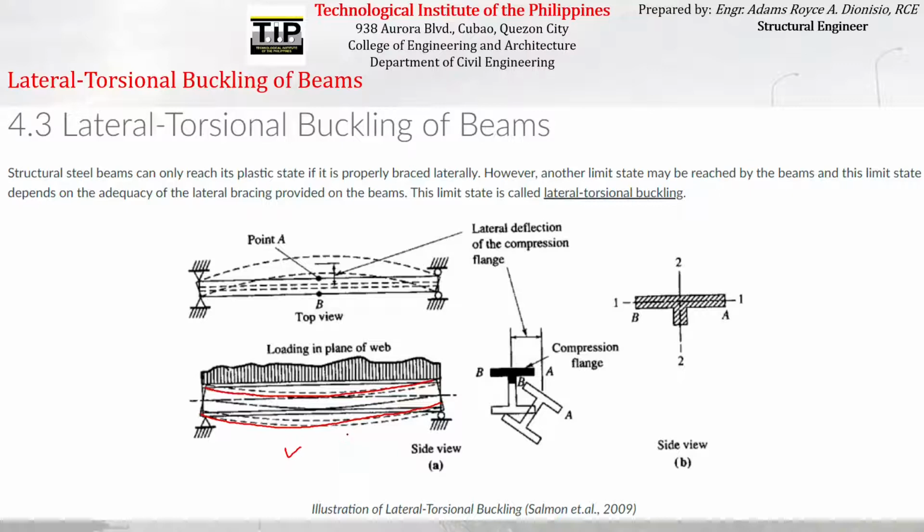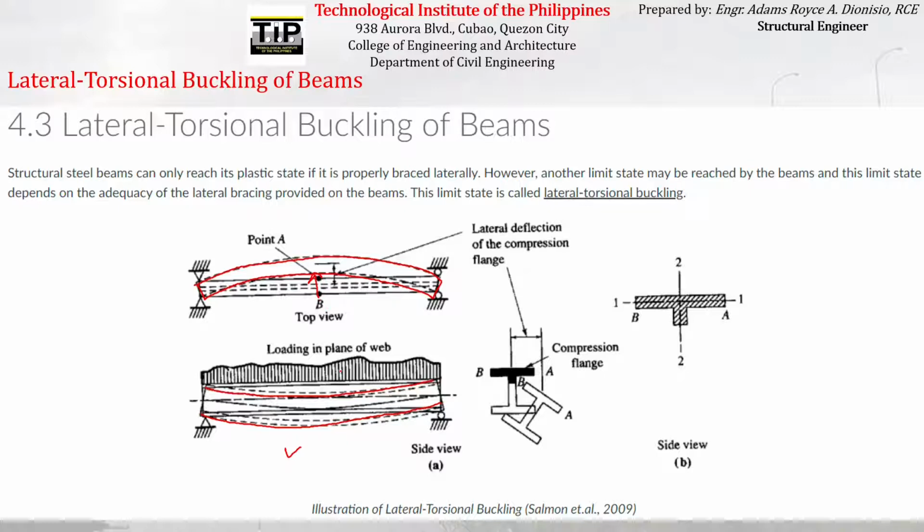But if you look at it on the top view, if it experiences lateral deflection, it will look something like this. This is the original unstressed position of the beam, and then due to this applied load, the beam also experiences bending on the other axis, with respect to the minor axis. So the beam did not just bend in this direction, but also laterally in this direction.